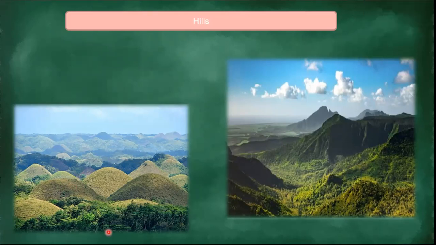We have Leletu. Ma'am, hills are smaller mountains with gentle slopes. Hills may once have been large mountains that were worn away by the weather over millions of years, ma'am.